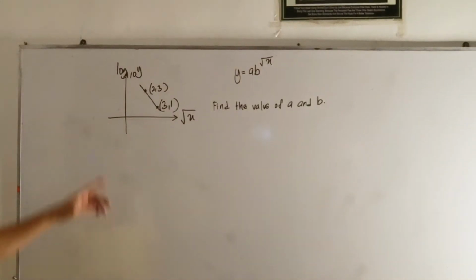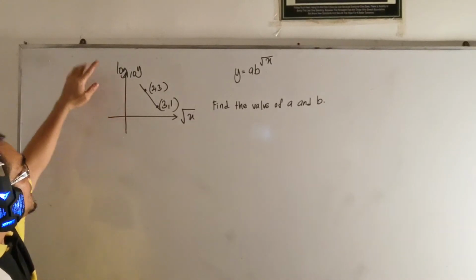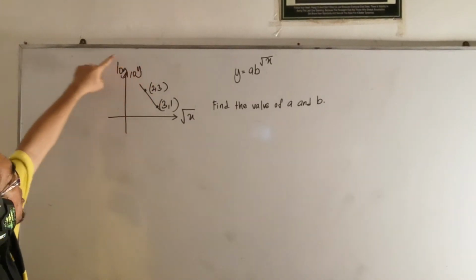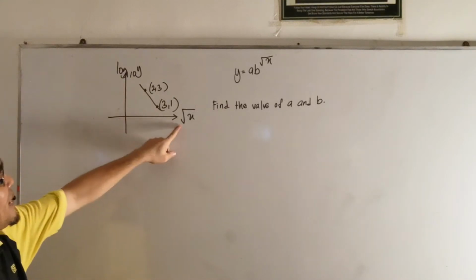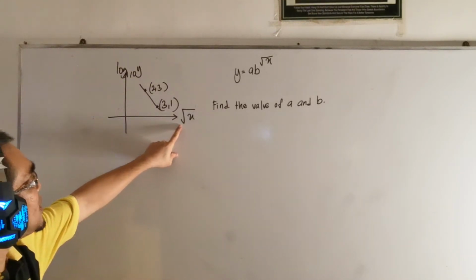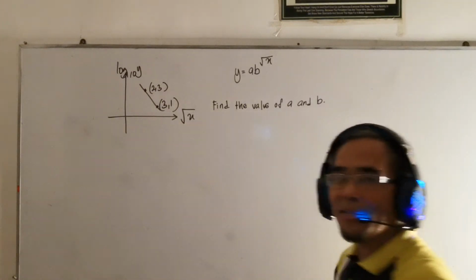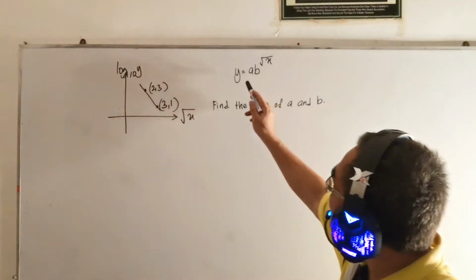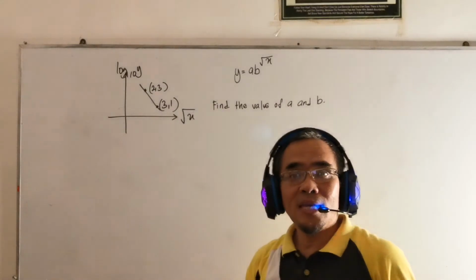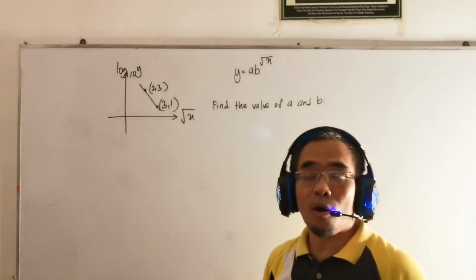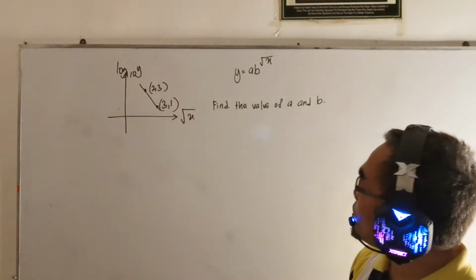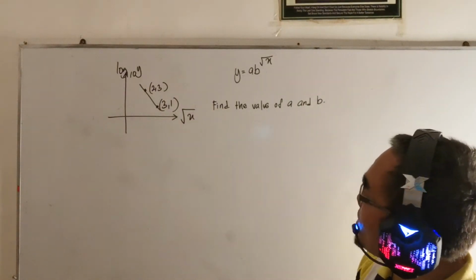If you notice here, the y-axis is labeled with log 10y and the x-axis is labeled with square root of x. But the equation is y equals ab to the power of square root of x. This is the second type that I mentioned to you.